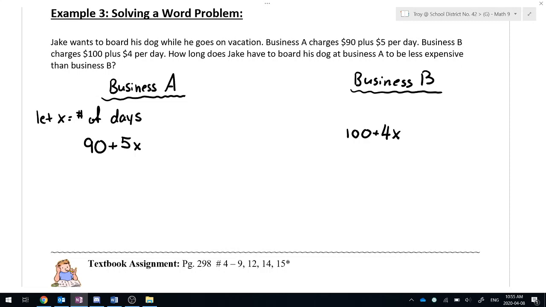So the question is, how long does Jake have to put his dog in at business A to be less expensive than business B? So if business A has to be less expensive, well, we're going to bring these together now.